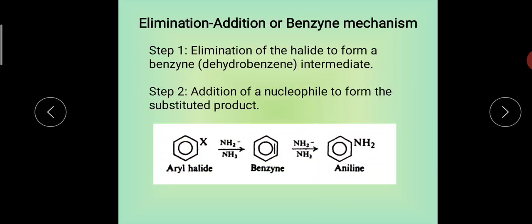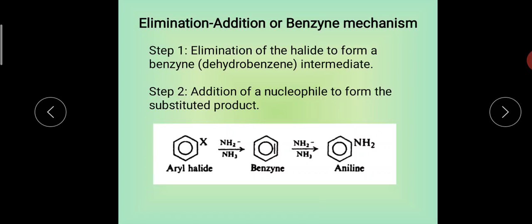Just like your bimolecular displacement mechanism, this elimination-addition mechanism also takes place in two steps. If you consider your aryl halide, the first step is the elimination of your halide to give you a benzyne intermediate, and the second step is the addition of your nucleophile to give you your substituted product.